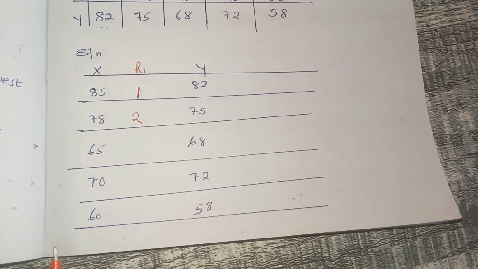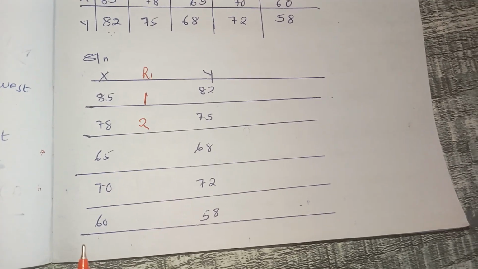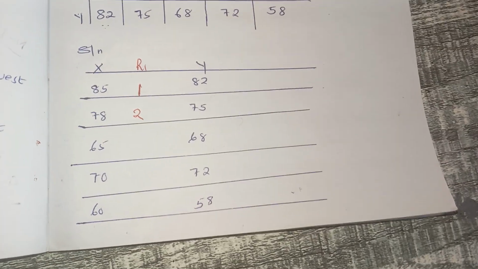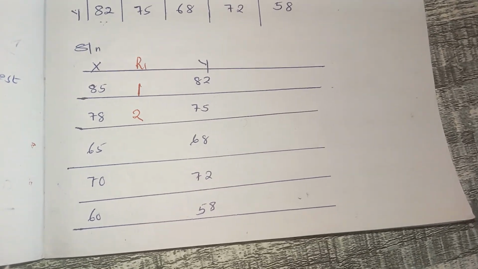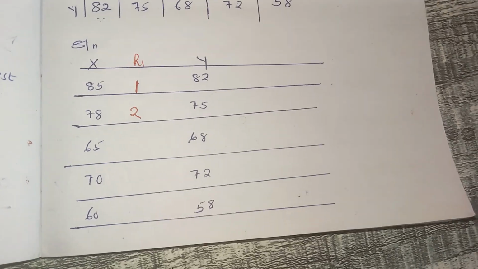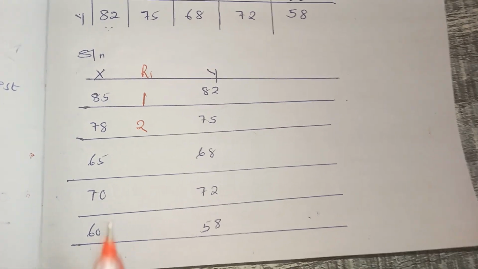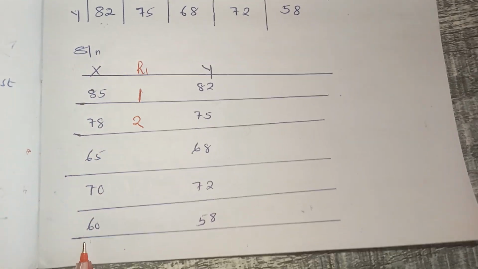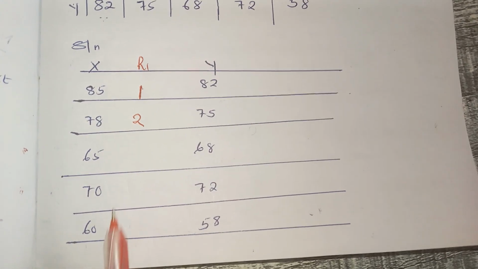Because we have agreed that you can tackle this question in two ways, number 1, you can decide to assign the highest value position number 1 or the lowest value position number 1. In this case, on the X column we have 85, 78 all the way to 60.